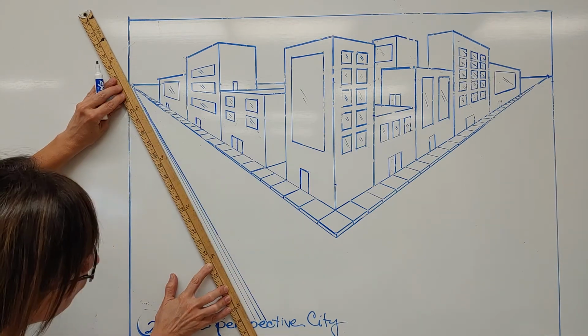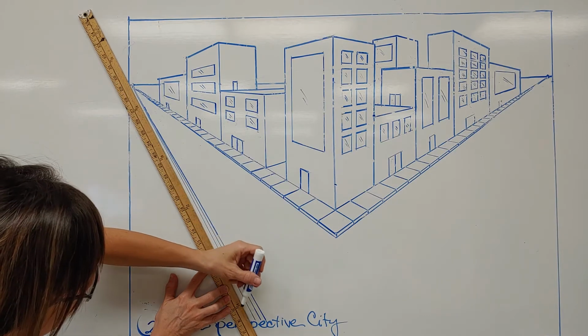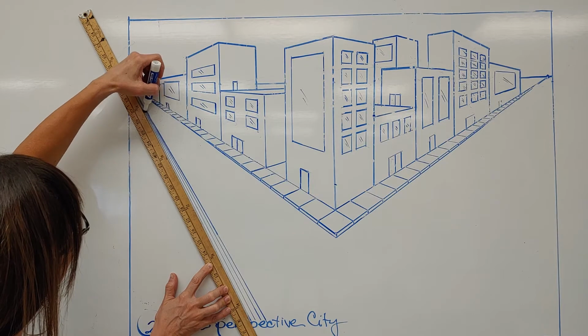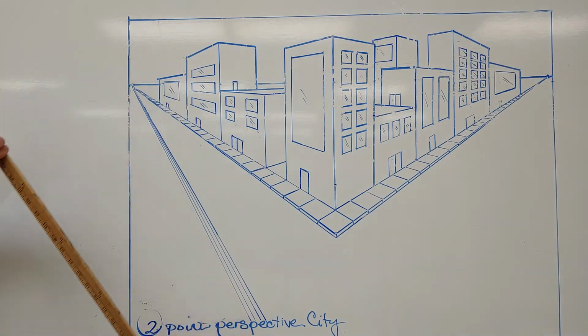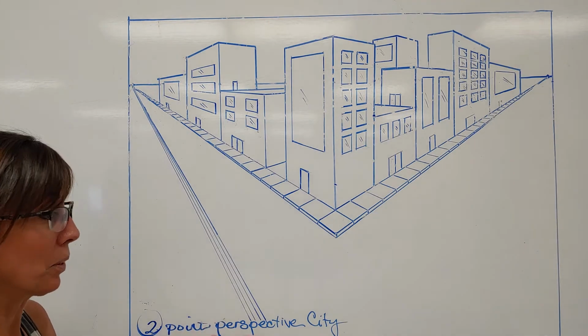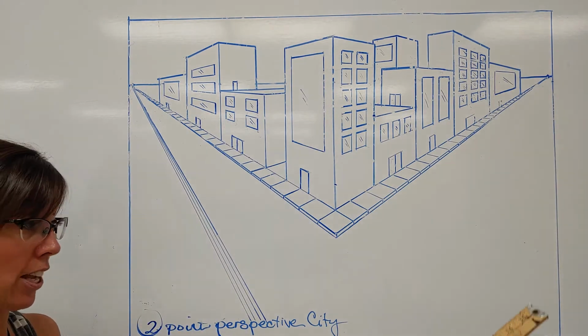Stinking thing moves on me. All right, so one more thing I want to point out, it's important to cap off these lines because they do not continue into the intersection.